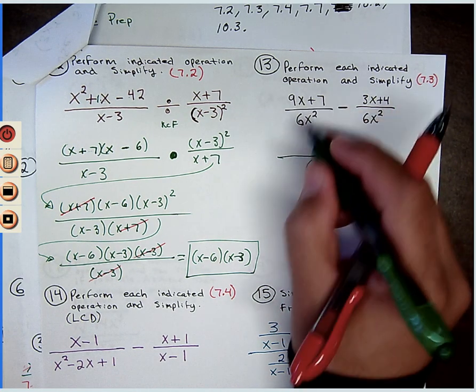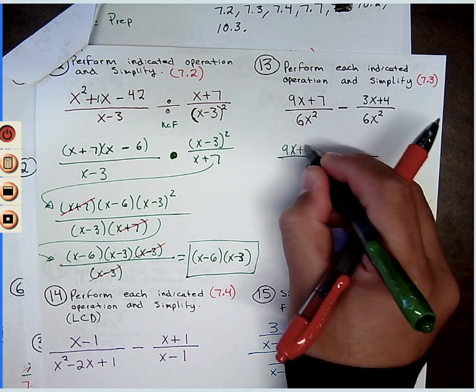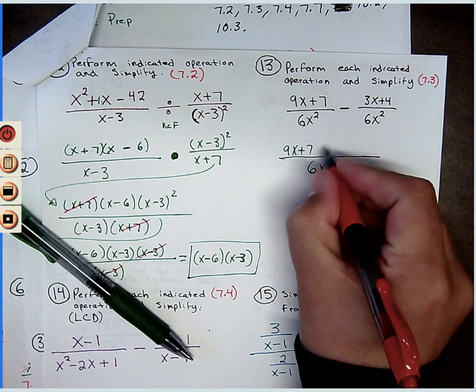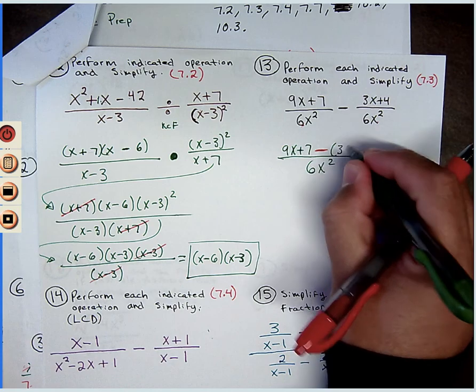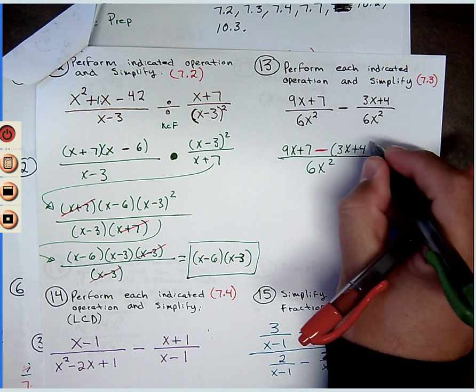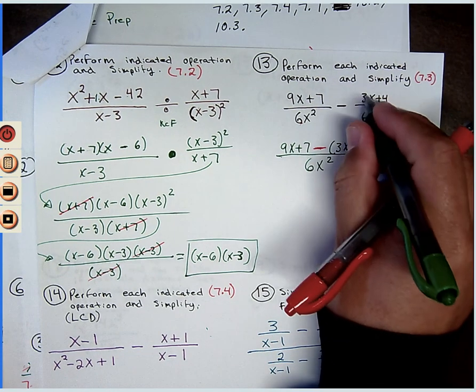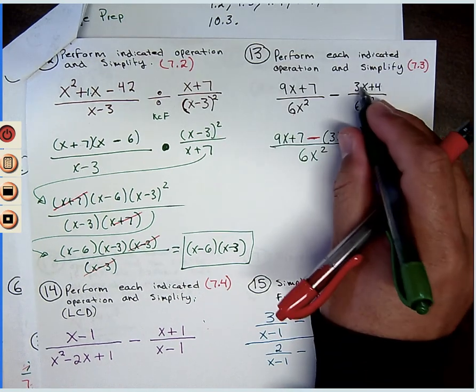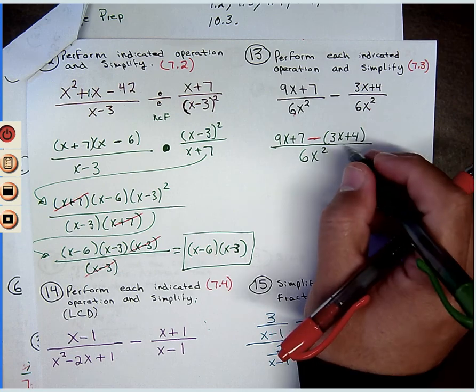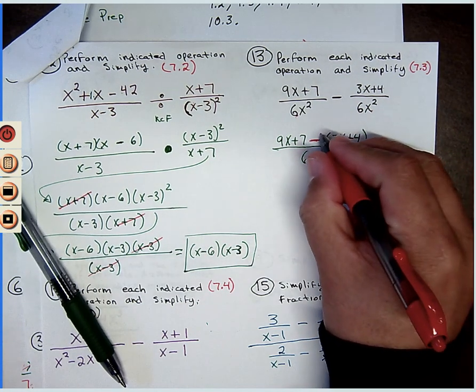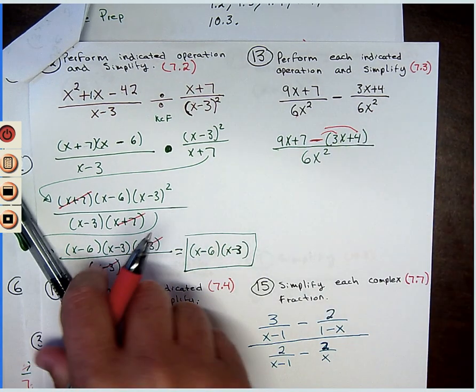So just copy this 9x plus 7 minus, and then I'm gonna put this in parentheses. Don't forget, that's very important, because that negative will affect these two terms, not just the 3x but also the 4. If you don't do parentheses, you might get confused or get the wrong answer.